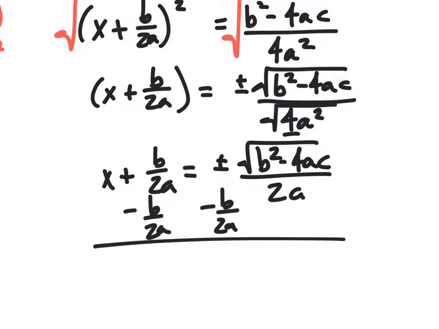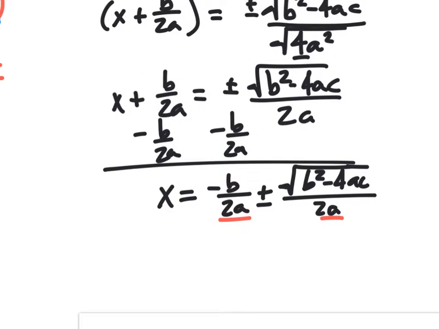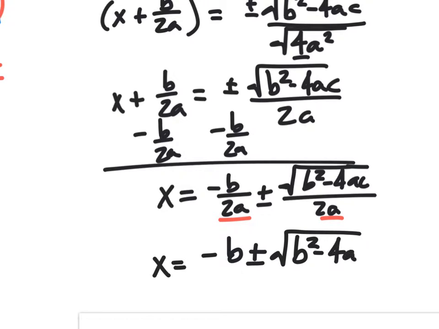Because I have a common denominator, when I solve this for x, I end up getting x equals opposite b plus or minus the square root of b squared minus 4ac all over 2a. And this is what x is equal to.